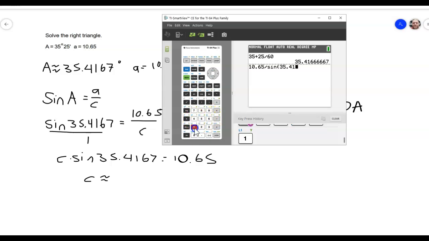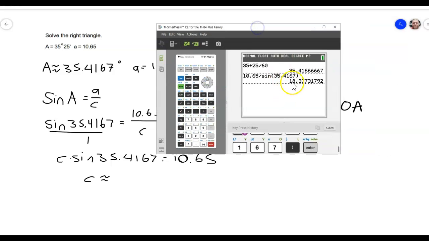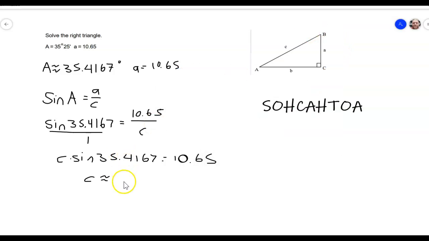And that is 18.38 to 2 decimal places. So c is approximately 18.38. All right, so that's my side C.